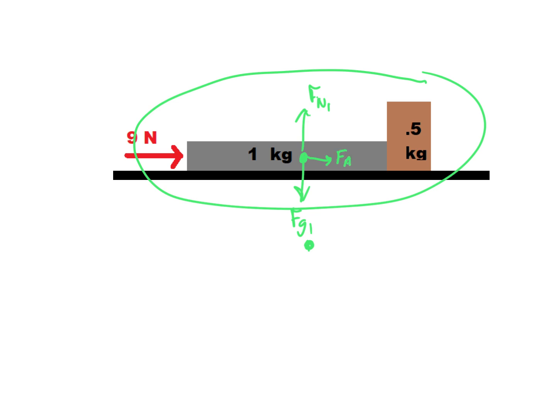It's got an applied force, and the milk is pushing back against it. Okay? This guy has the tray pushing against it. Let's see, force of gravity of 0.5 and force normal 0.5.